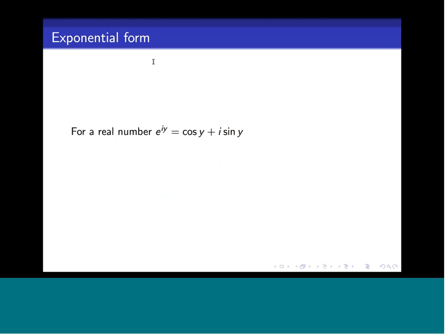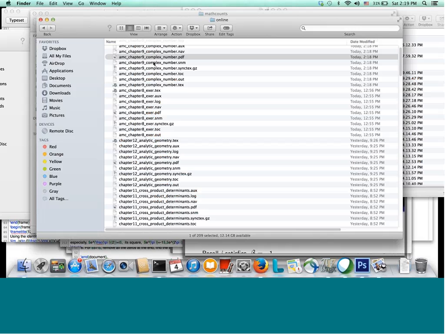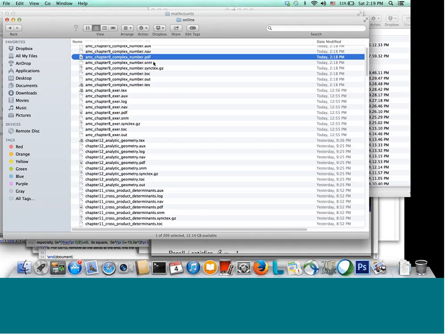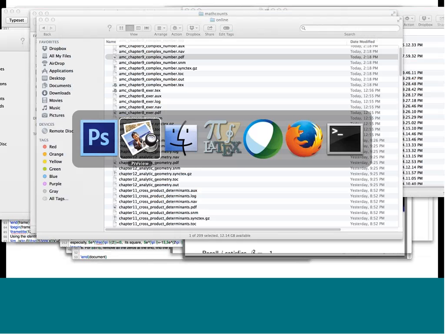Then for real number y, you have e to the iy is going to be cosine y plus i sine y. So this is not only saying, formally it's a real equality.